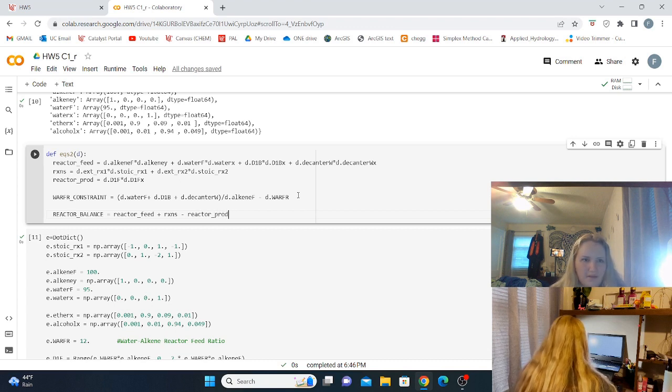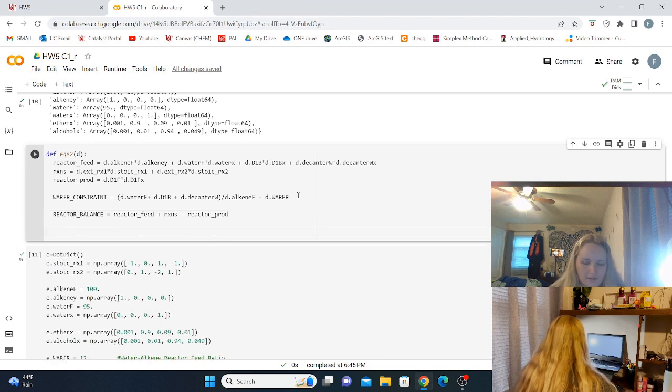Awesome. Now we're going to do the distillation balance, D1_balance.